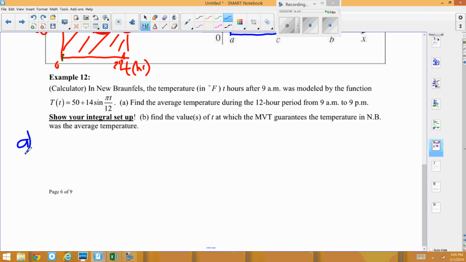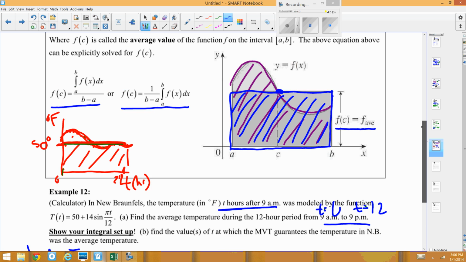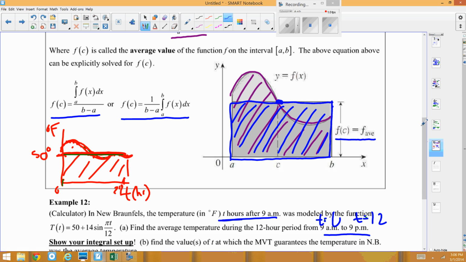The average temperature during a 12-hour period from 9 to 9, and t is in hours after 9. So we're going from t equals 0 to t equals 12. Find the average temperature. So using that idea, you should label what you're talking about. Average temperature is equal to, so you're thinking like the area of, I'm trying to explain it in the best way possible.